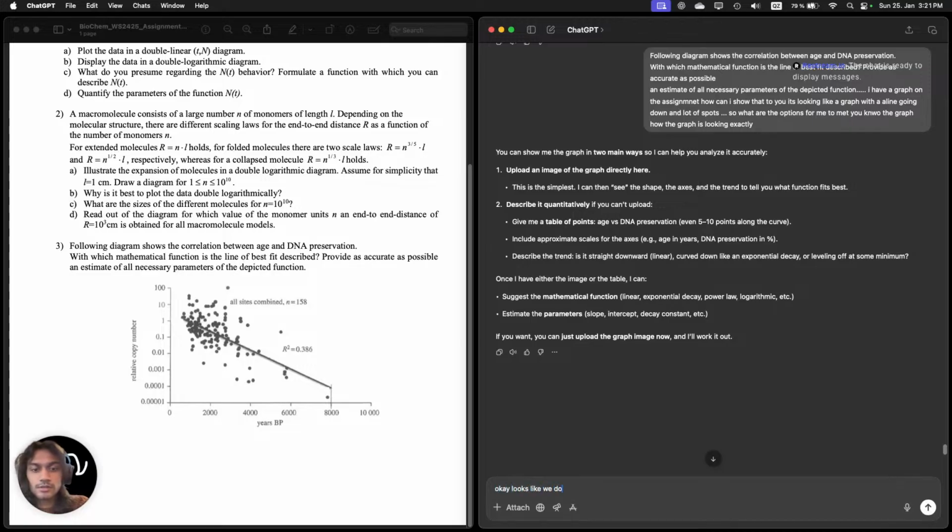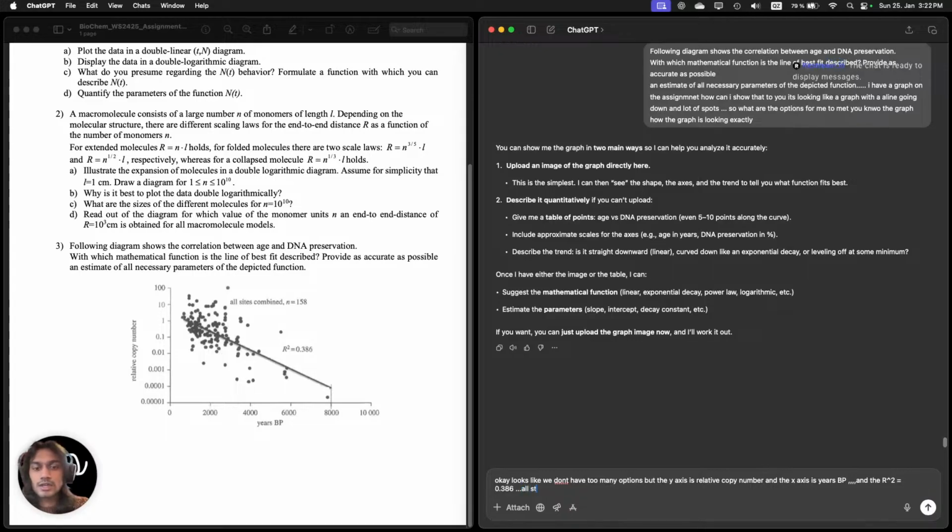Okay, looks like we don't have too many options, but the y-axis is relative copy number, and the x-axis is years BP, and the R square is shown for all sites combined, n equals 158.